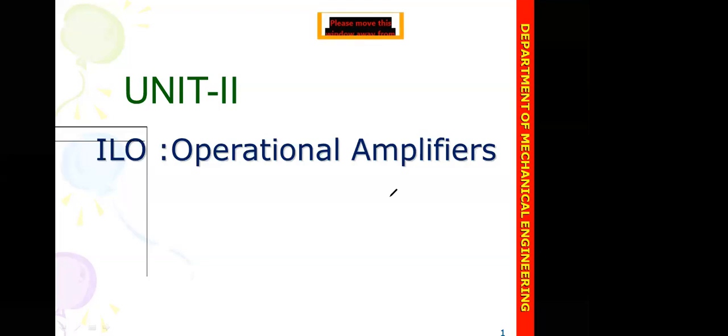Take our microscope in the metallurgy lab, where you observe the microstructure of copper, aluminum and so on. With the help of the microscope you observe the structure. That means small will appear as large. These are optical amplifiers. That means we can get the correct output, whatever our required output.